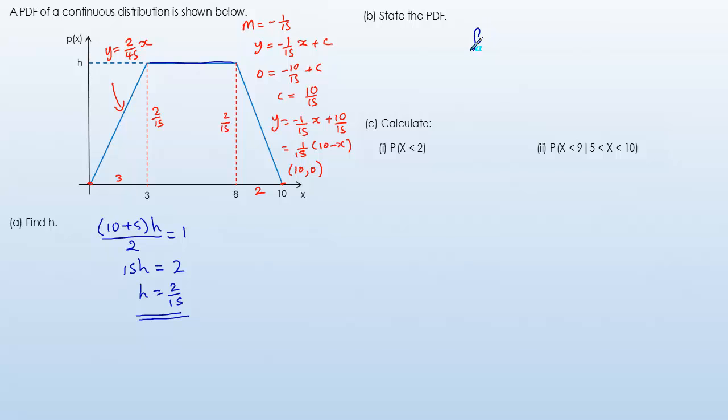So what can we say? We can say that it's 2/45 x for x between 0 and 3.